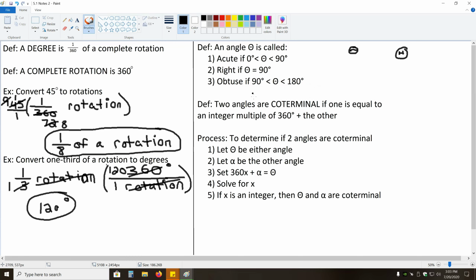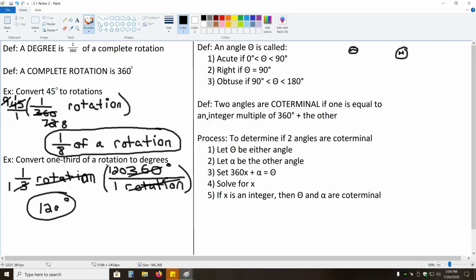Alright, from there, we introduce our definition that says two angles are coterminal if one is equal to an integer multiple of 360 degrees plus the other. So, I want to make sure I'm explaining this order of operations correctly.